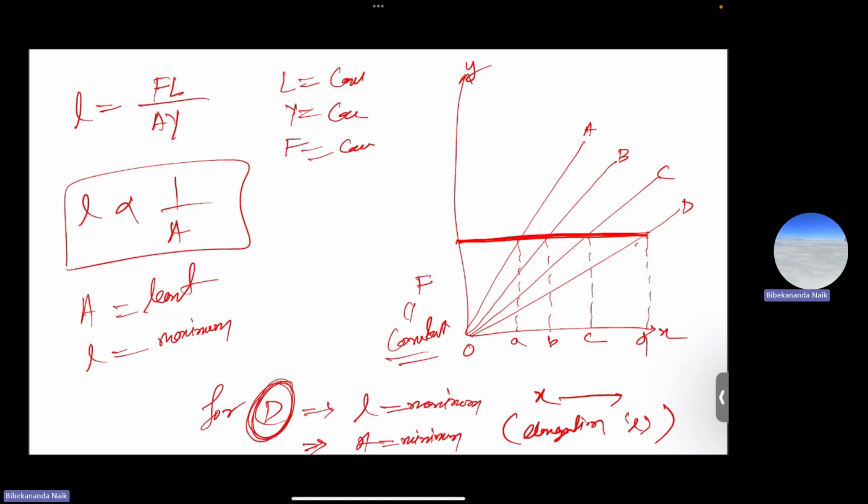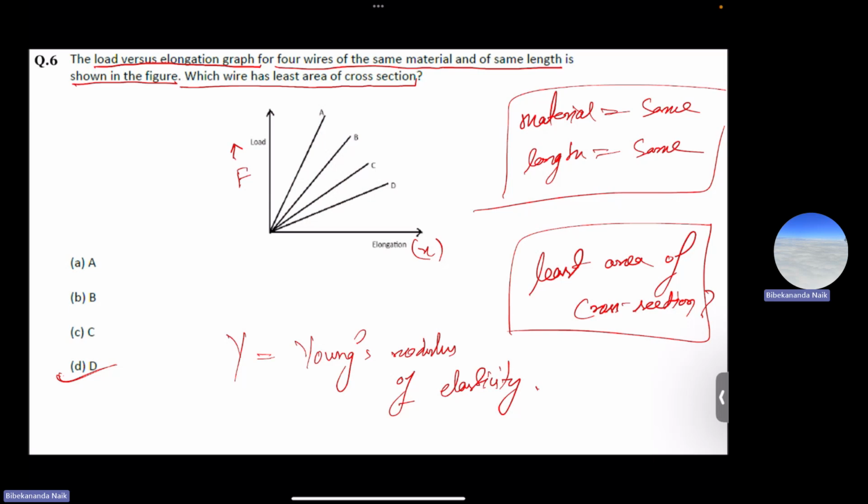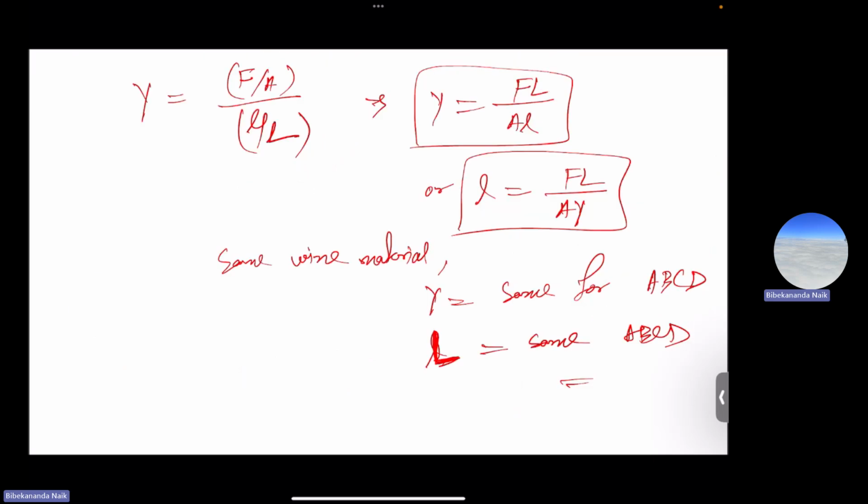So the correct answer is option D. For D, the area of cross section is minimum because the elongation is maximum at constant force, constant length, and constant value of modulus of elasticity. I hope this is clear to everyone.